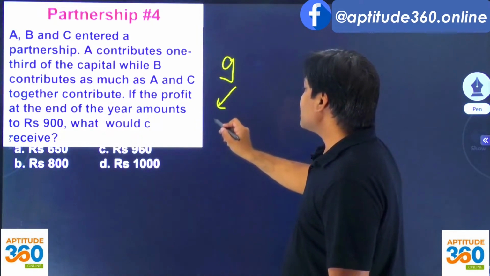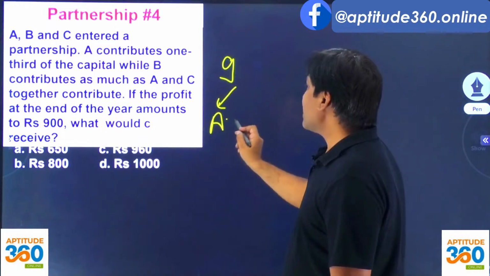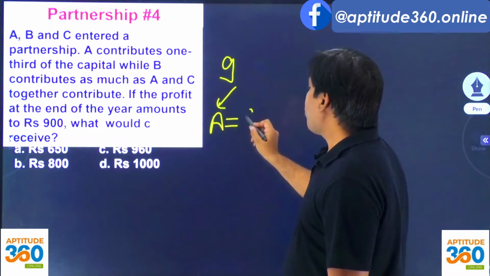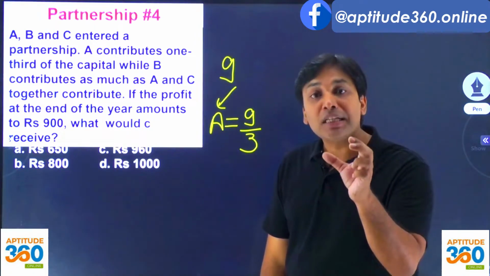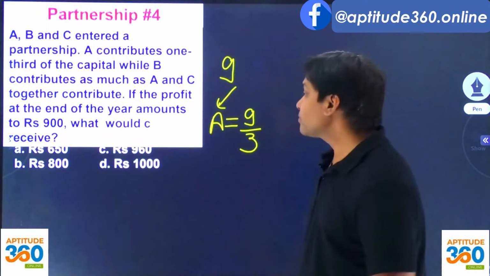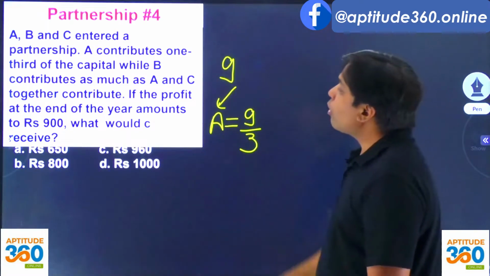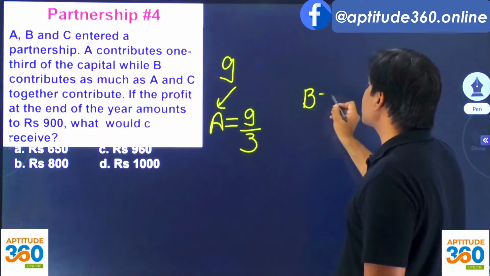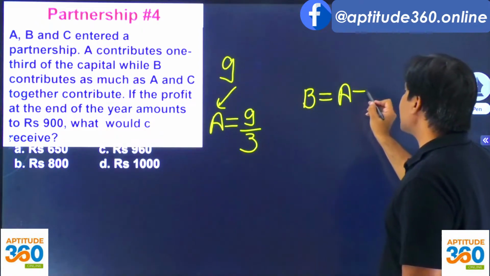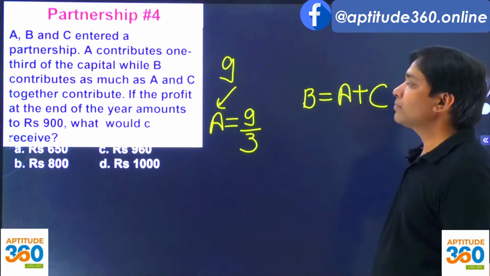And the problem says that A has invested 1/3 of the capital. So whatever the capital is, it has to be a multiple of 3. And the problem also tells you that B invests as much as A and C together, isn't it?